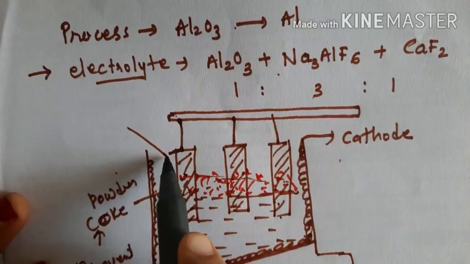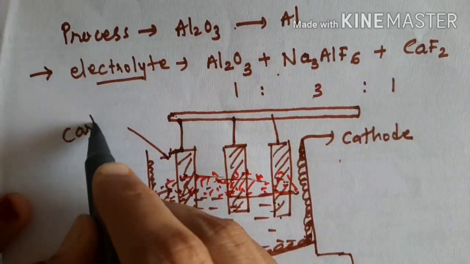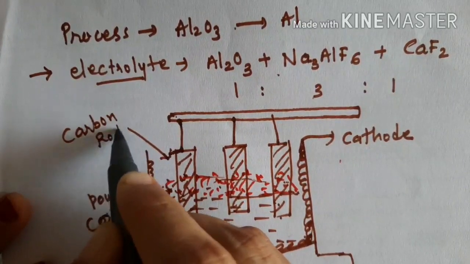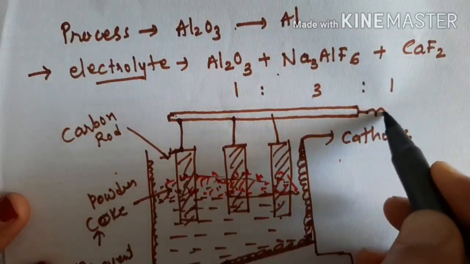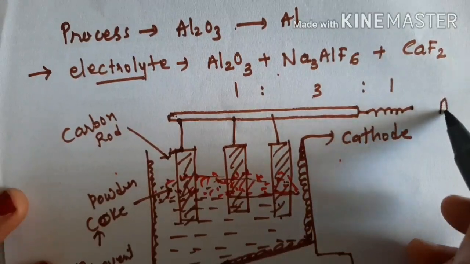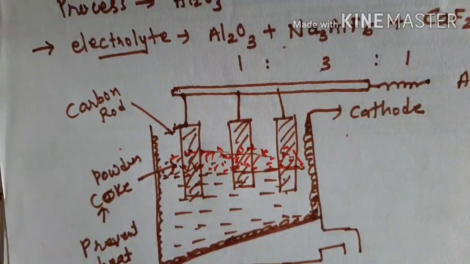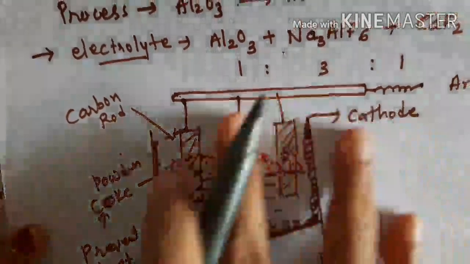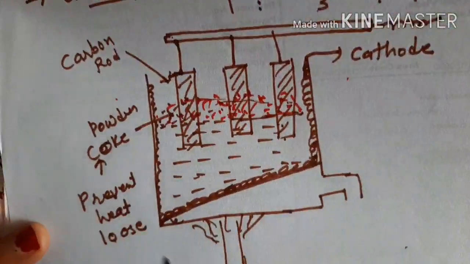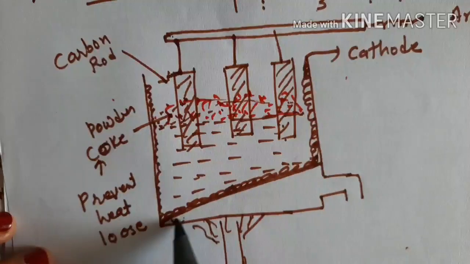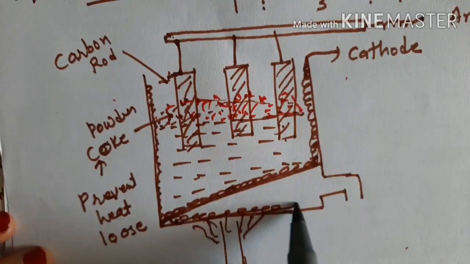These carbon rods behave as the anode. This is the structure of the electrolytic cell: anode and cathode have to be there.